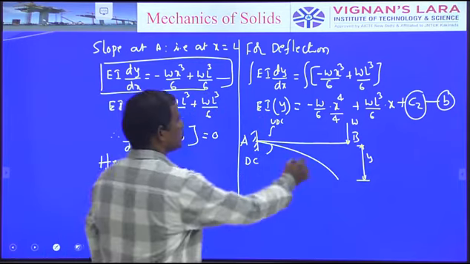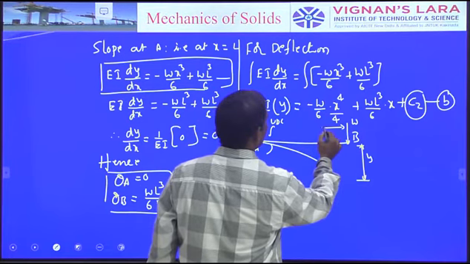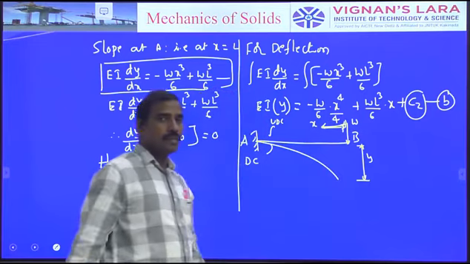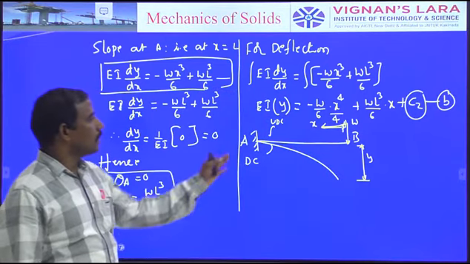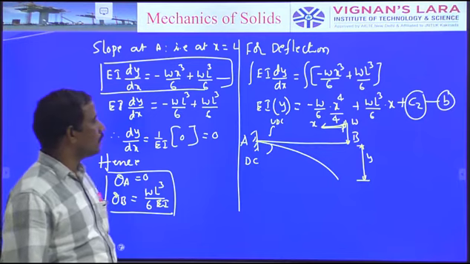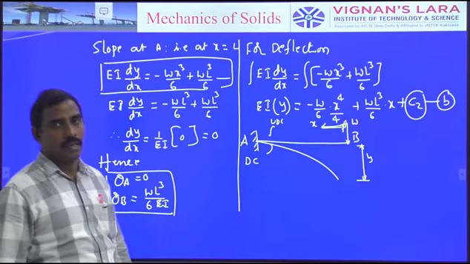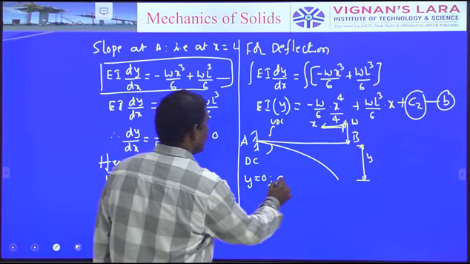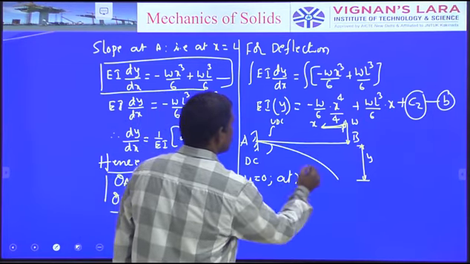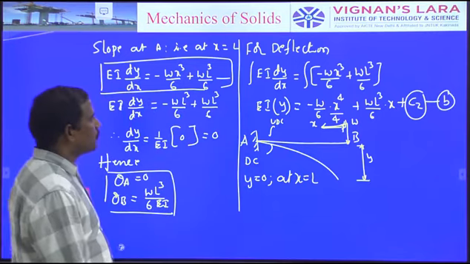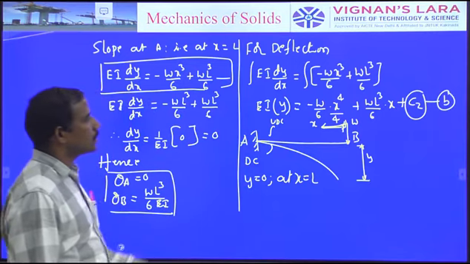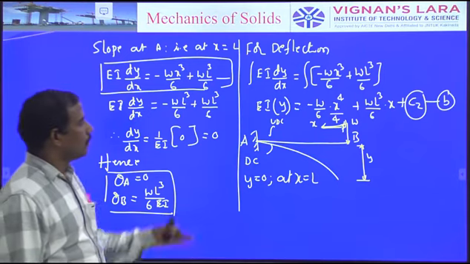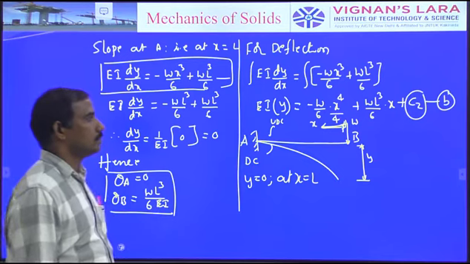As per the origin taken at B, x is 0 at B and x is equal to L at A. It means y is equal to 0 at x is equal to L. Substitute this value in equation number B for obtaining the C2 value.